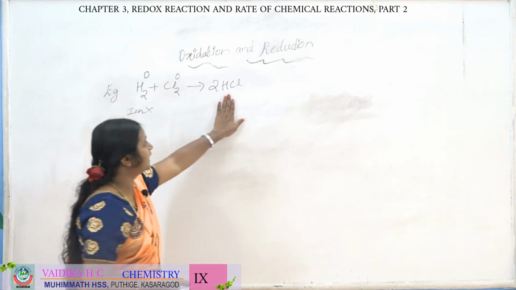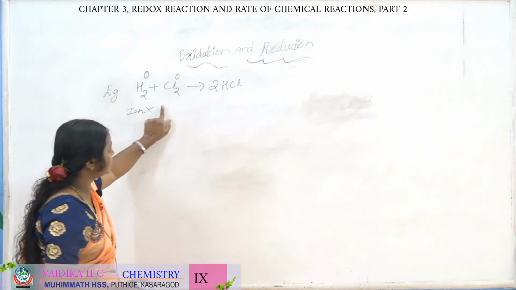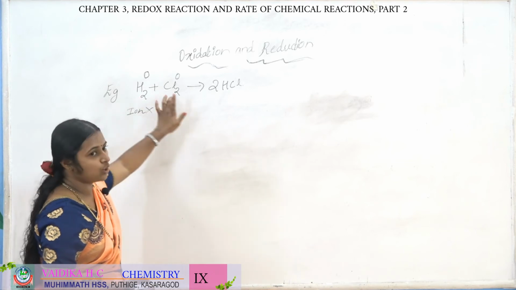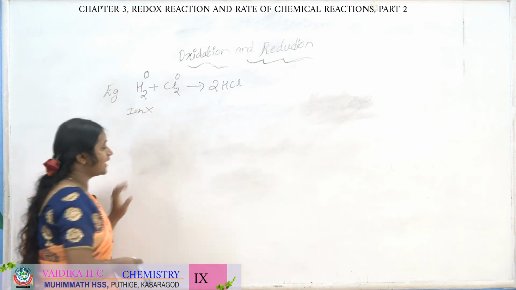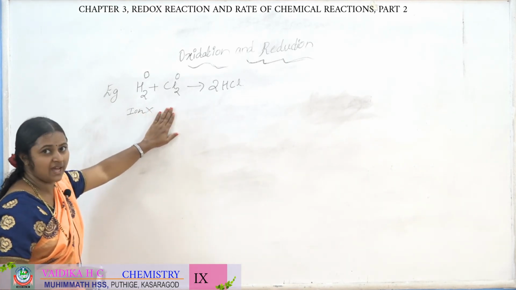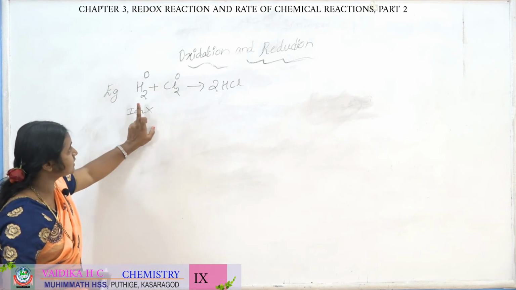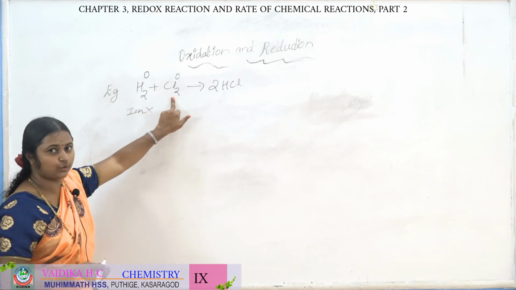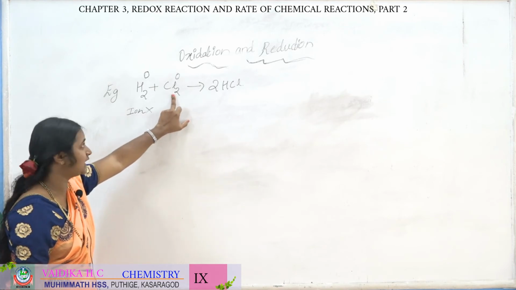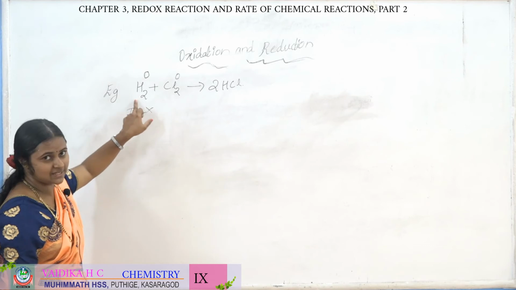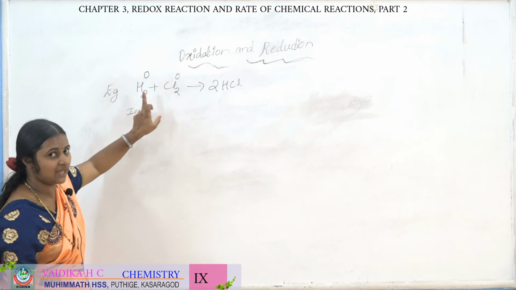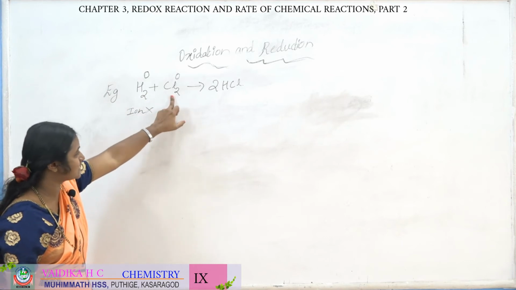So here HCl is there. How is this compound formed? Hydrogen will lose 1 electron. It is a covalent bond, but to find the oxidation number, we consider that the electrons are shifted to the more electronegative atom. So here chlorine is the more electronegative atom, hydrogen is the less electronegative atom. So hydrogen will lose the electron, chlorine will gain the electron.